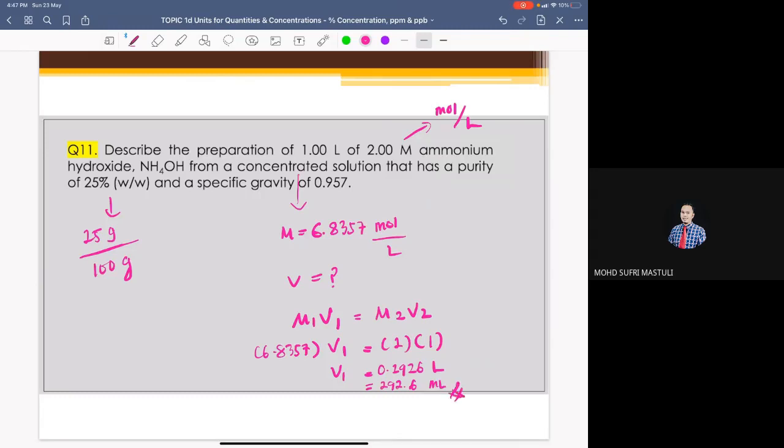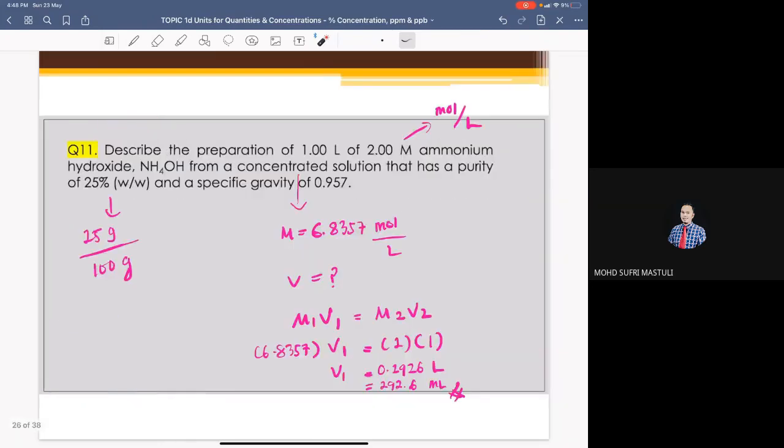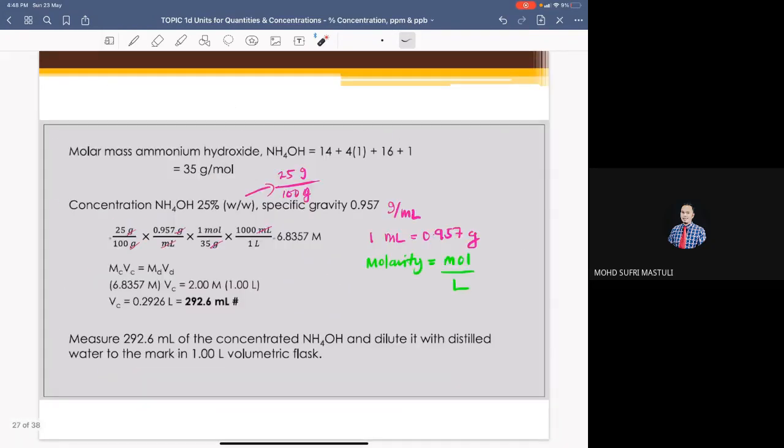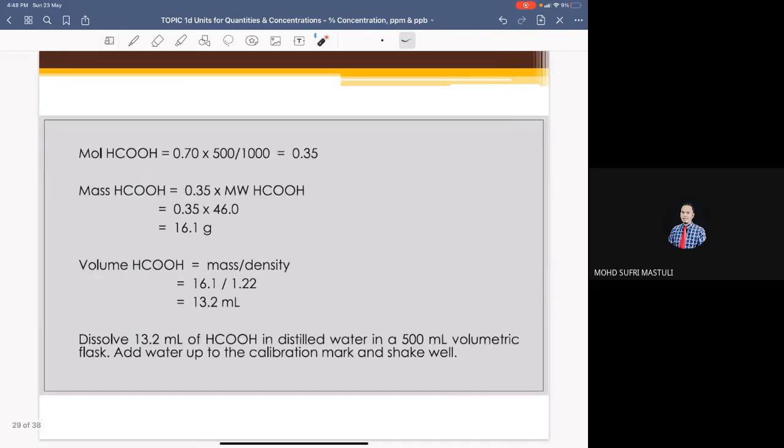So this is the answer. Okay, so we have to measure 292.6 ml of concentrated ammonia and dilute it with distilled water to make 1 liter in a volumetric flask with 2 molarity. Okay, so this one you can try, I think.